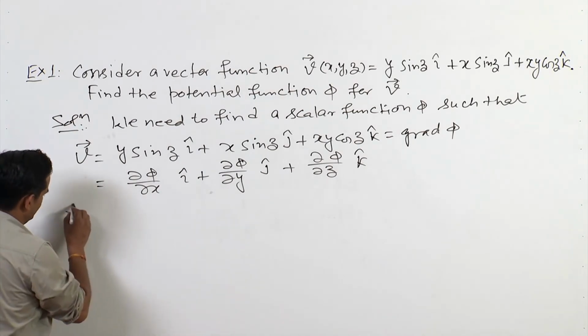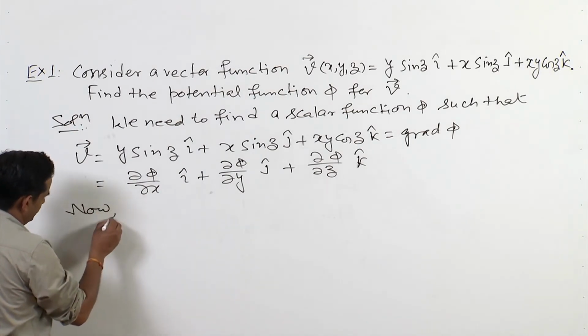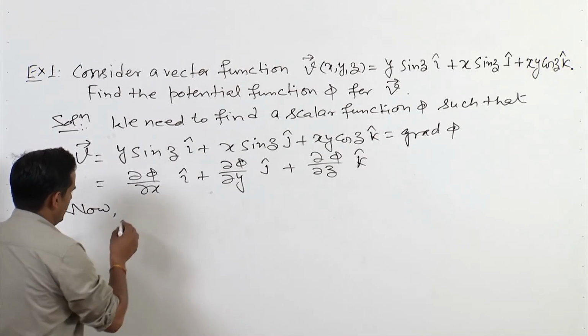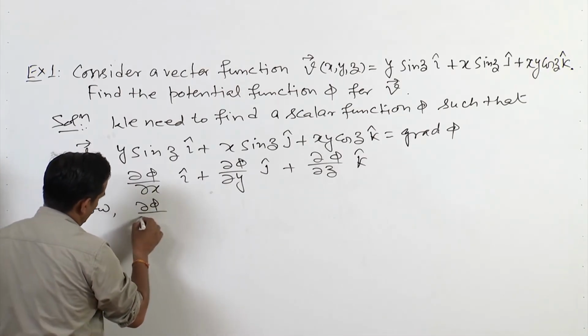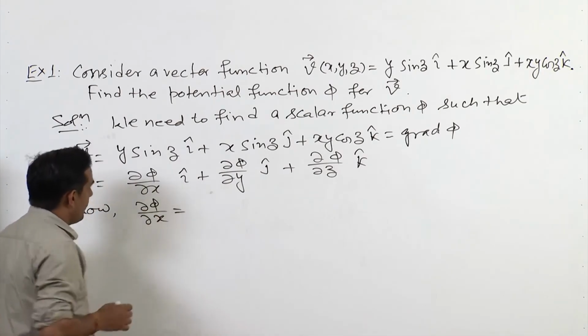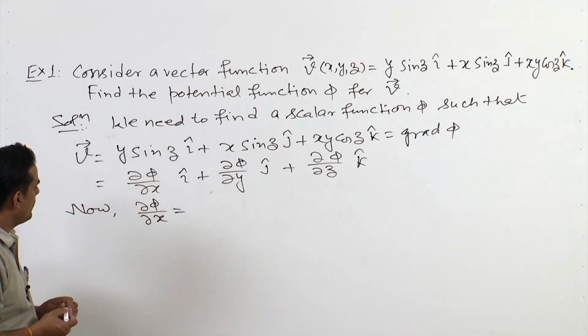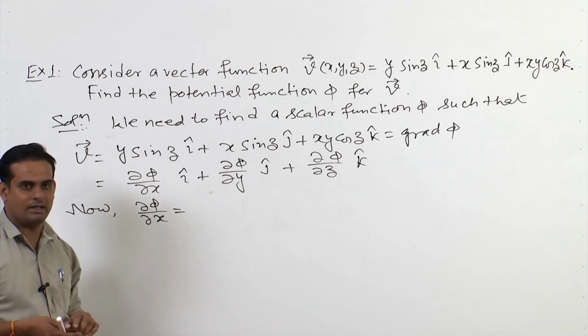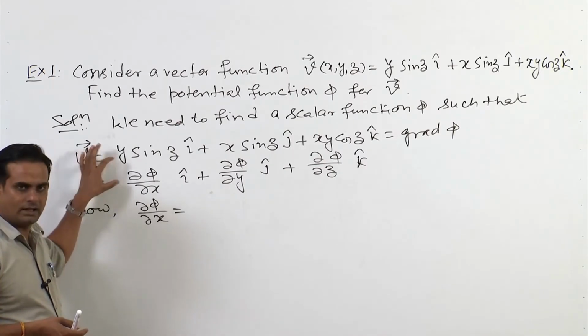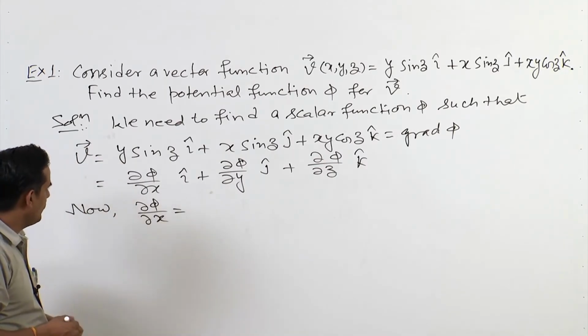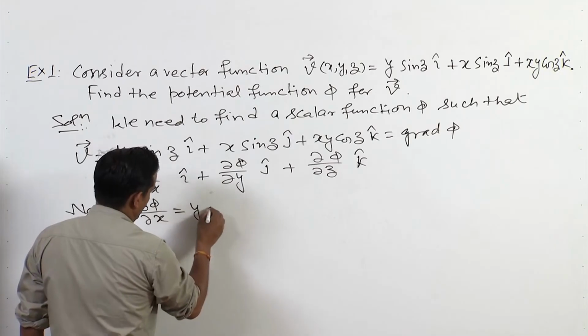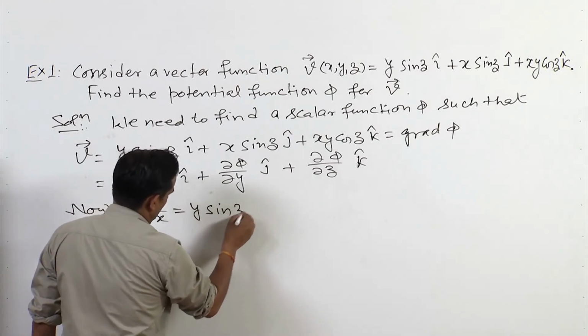Now, by comparing the components along the i direction for both of these vectors, I can write del phi over del x equals y sin z.